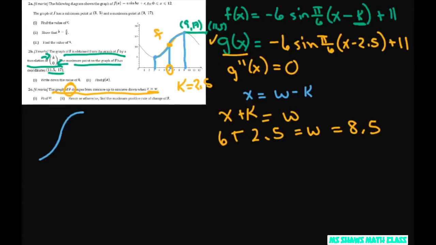Okay. Then it says, hence or otherwise, find the maximum positive rate of change. So basically, there's two ways to do this.